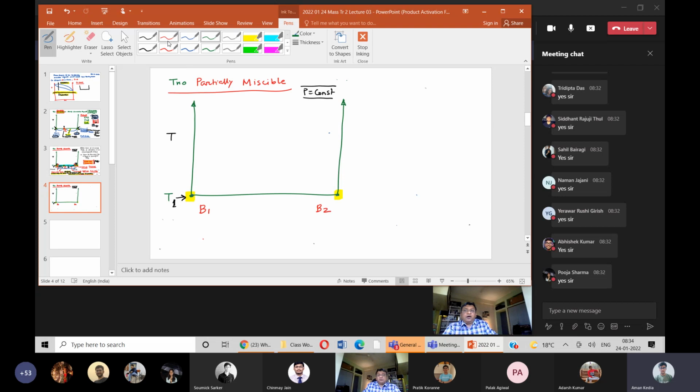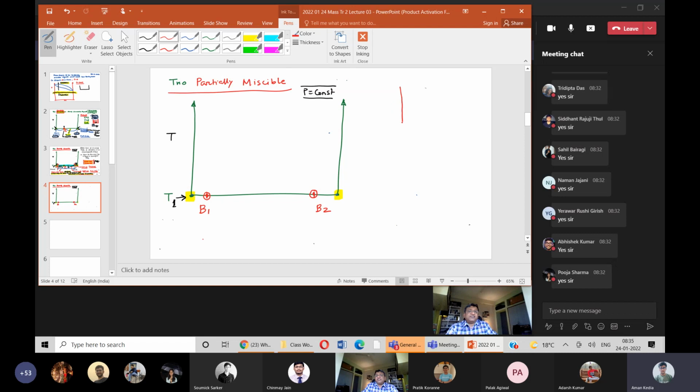So when I now draw this diagram, neat and clean, just these 2 points are marked on this line. This class is now a knowledgeable class. So now this class understands, okay, so there are these 2 points. It must be a system that is partially miscible, right?